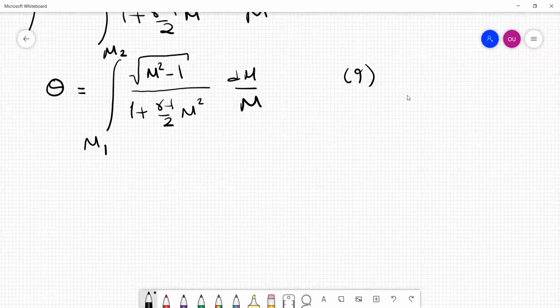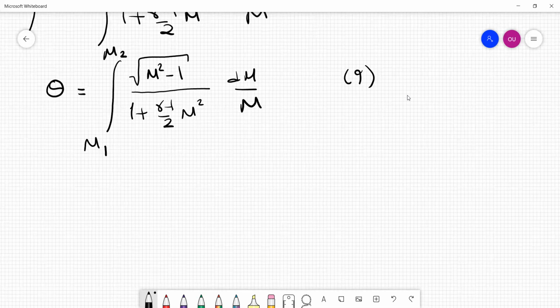Now, this equation tells me this. If there is some incoming supersonic Mach number, and it has to go through a direction change, through some kind of expansion to a level M2, this angle change can be calculated as a function of M1 and M2.